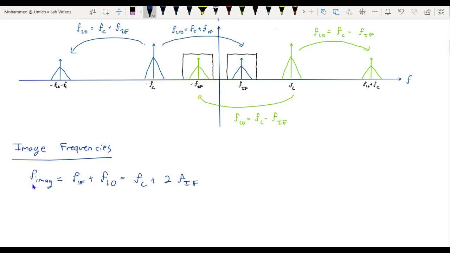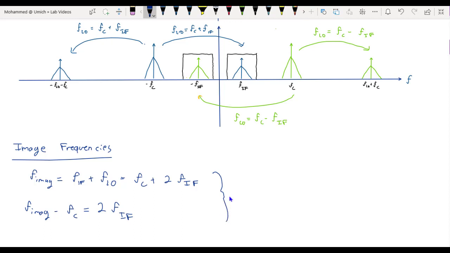From this equation for F_image, we see that F_image minus Fc equals 2 times FIF, which means that the separation between the carrier frequency of the desired station and the center frequency of the image band, which will also end up in the passband of the IF filter after the local oscillator, equals twice the center frequency of the IF filter.